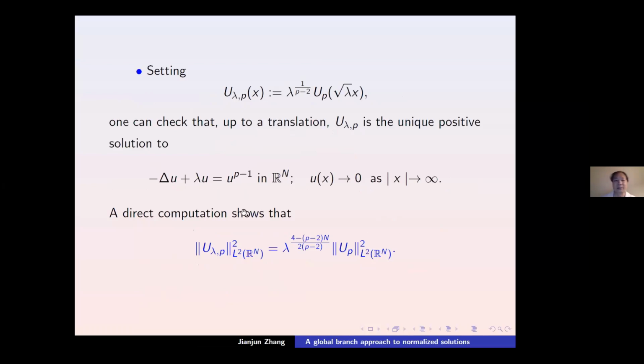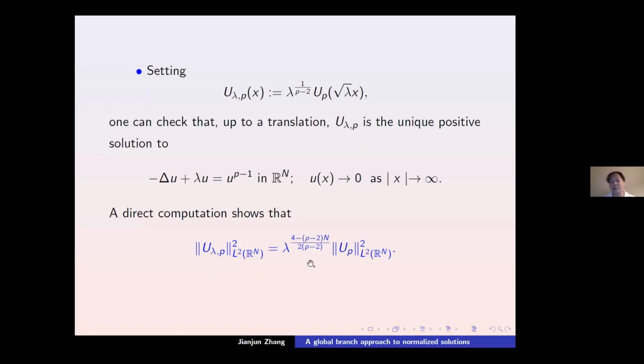Okay. Then we can compute the mass of the unique positive solution U lambda p. We can find that the L2 norm of U lambda p equals lambda to the power of (4 minus (p minus 2) times n) over (2 times (p minus 2)), times the mass of UP.